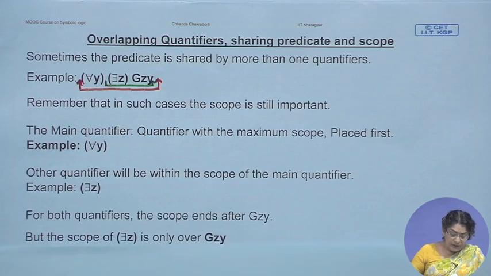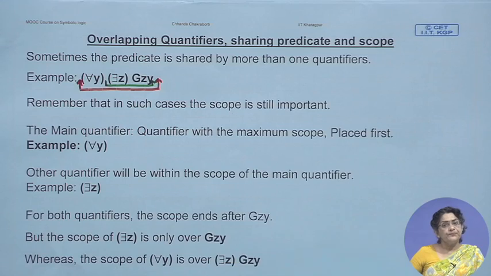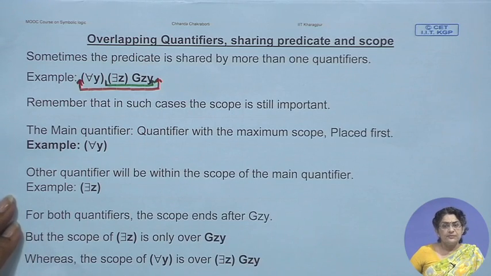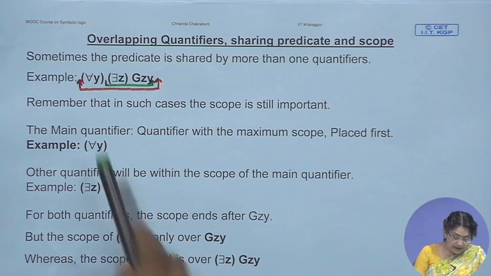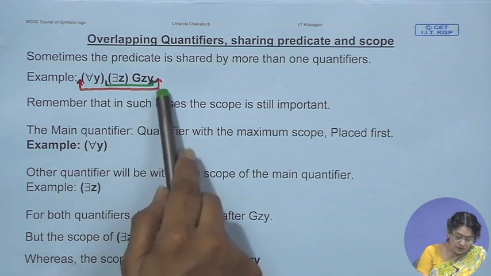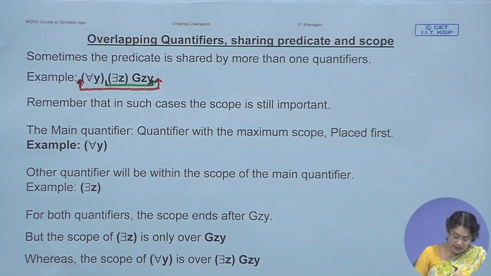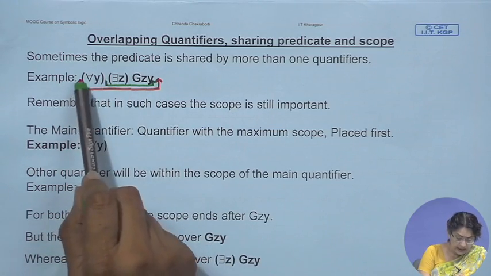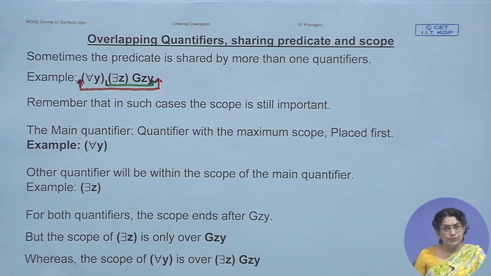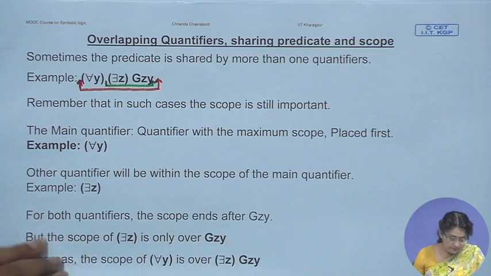This is where we need to really work with the quantifiers themselves, the scope, and so on. So, in both cases the scope ends with G z y, but this one has a smaller scope and this one has a larger scope. So, this is what we would call not just multiple quantifiers, but overlapping quantifiers.